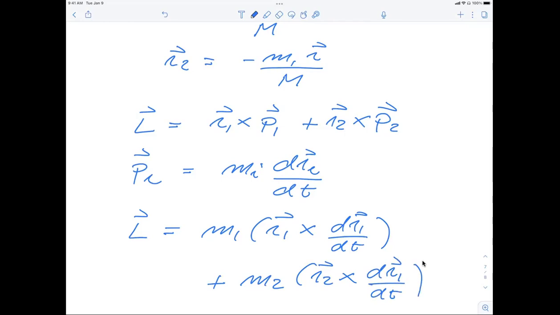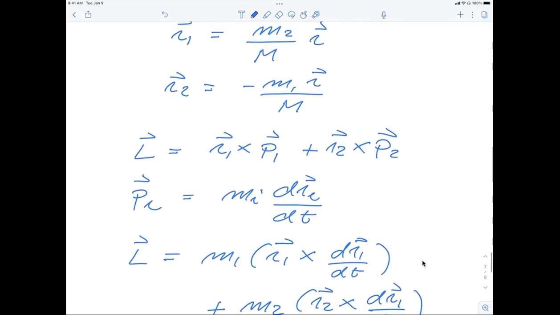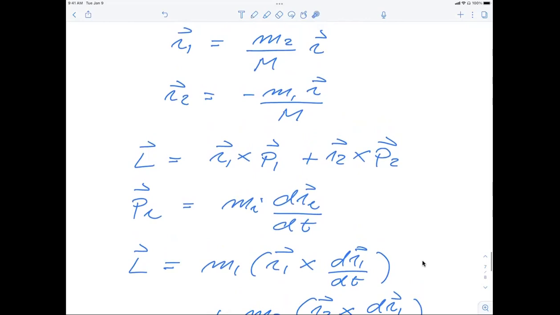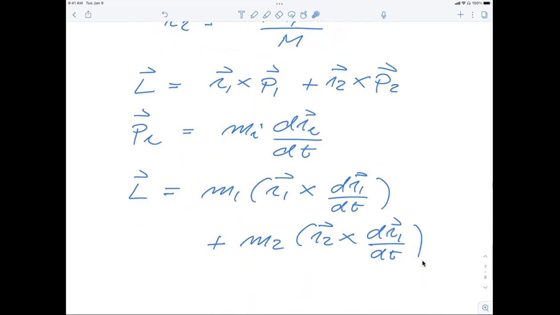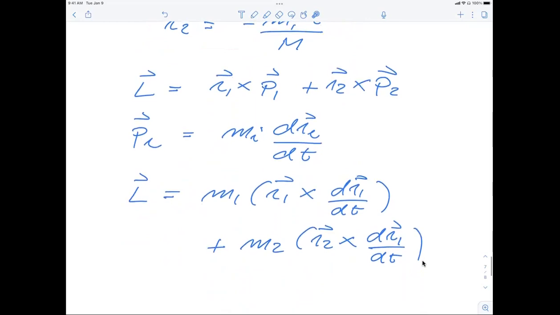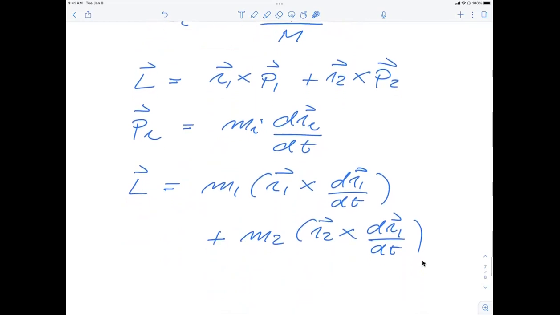And then what I'm going to do now is to put in the expressions which we have here. So I'm going to plug them into the expressions for R1 and R2, both the derivative and the vector itself.